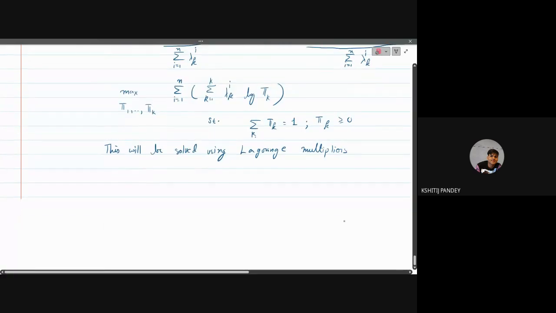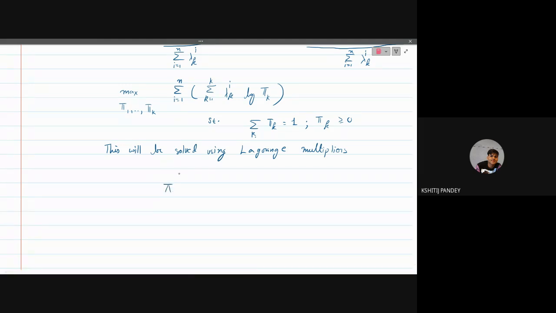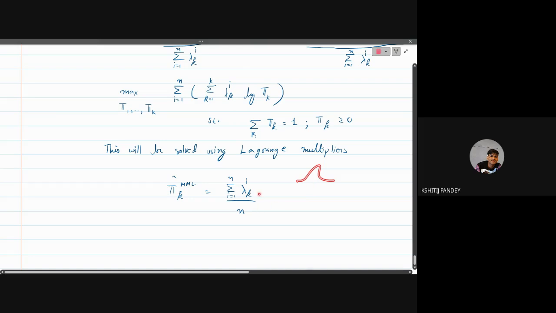The result is important here. The pi k hat is the summation from i equal to 1 to n of lambda ki, divided by n.